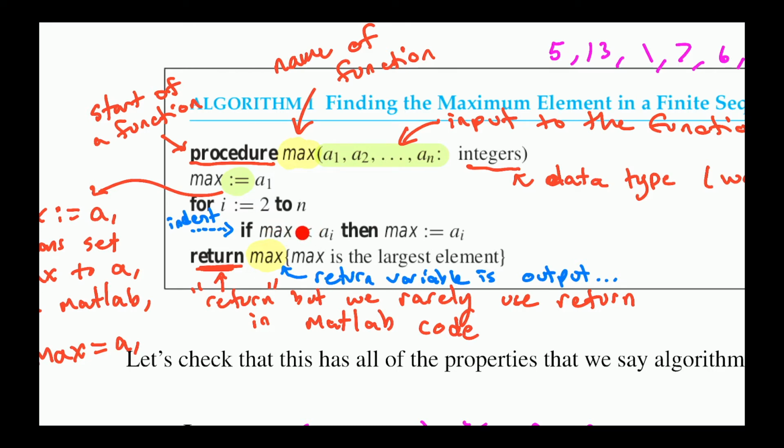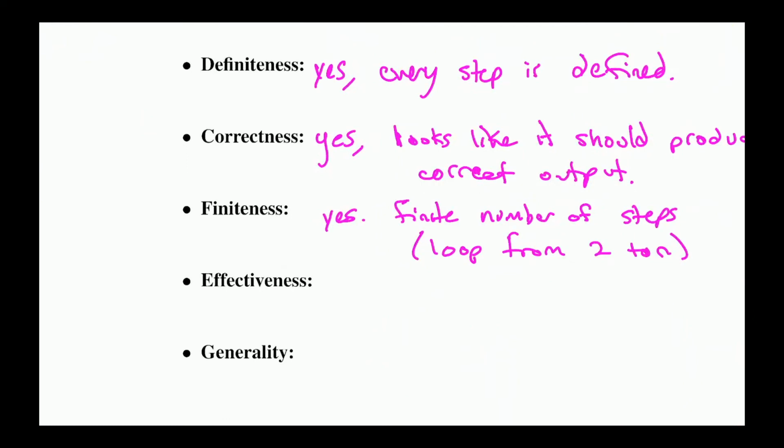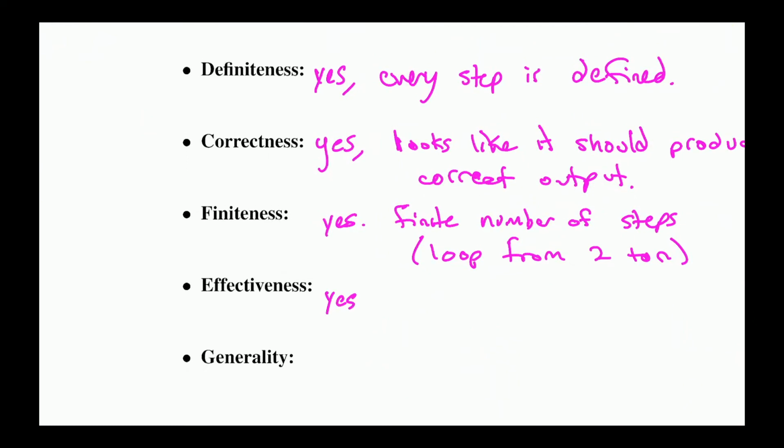That should take finite time. We set a variable equal to another variable. That should take finite time. And then we return. There's no way any of these things could take an infinite amount of time individually, right? So yes, every step takes finite time. I don't know how long it takes, but it should be finite.